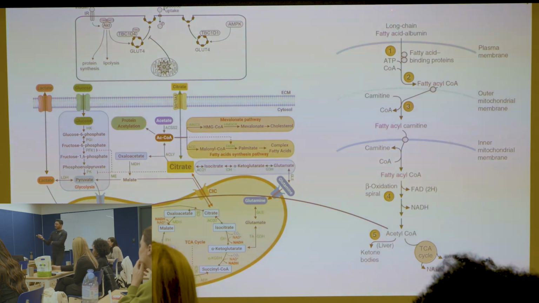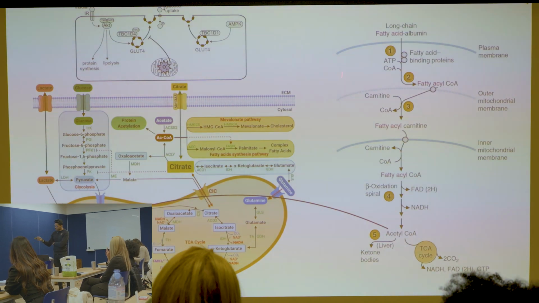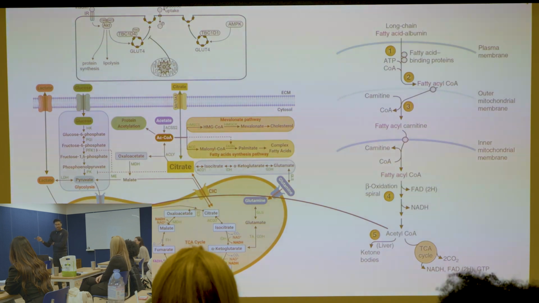So the fat enters the mitochondrion, i.e. it enters the cell, that's the cell membrane, and then eventually it goes into the mitochondrion. And it's going there ultimately to be turned into acetyl-CoA, which is here. Remember, glucose enters the cell, and that's the GLUT4 that we mentioned before.